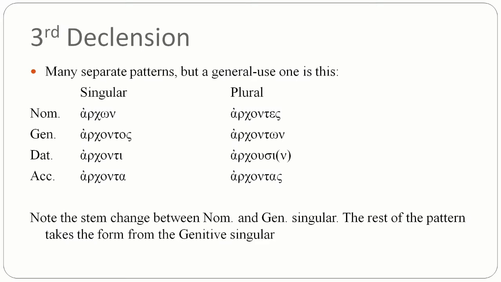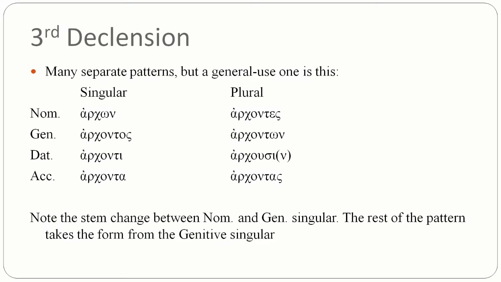So you'll see genitive archontos, then the dative is built off of the genitive, archonti, and then archonta, the accusative. These are totally different endings, a completely different pattern from the first or second declension.